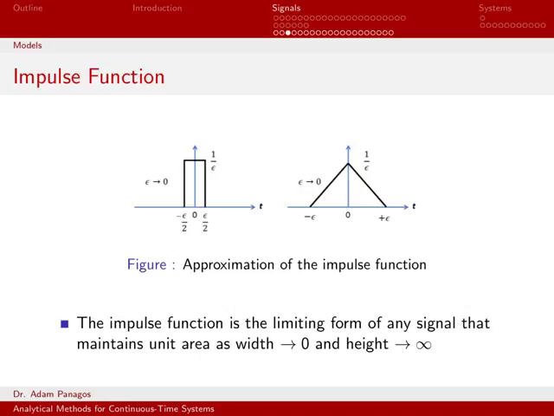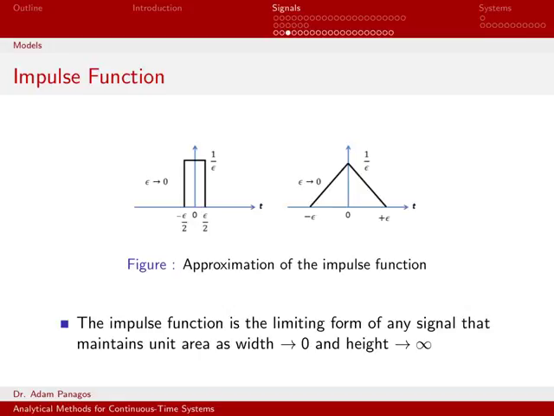This rectangle has a height of 1 over epsilon, and it has a width from minus epsilon over 2 to epsilon over 2, so that's a total width of epsilon. If I was to figure out what the area of this rectangle is, that's pretty easy to figure out. The area of a rectangle is its width times its height. So epsilon times 1 over epsilon is epsilon over epsilon, which is just 1. So no matter what value of epsilon I choose, this is a rectangle that has unit area.